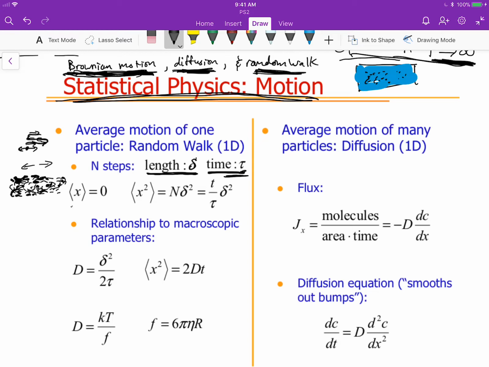But the average x distance: they all started right here, and there's going to be an equal number on the right and an equal number on the left, so the average x is going to be 0.